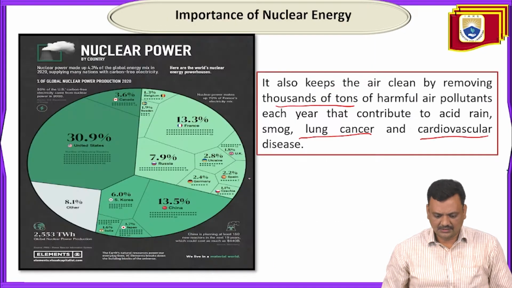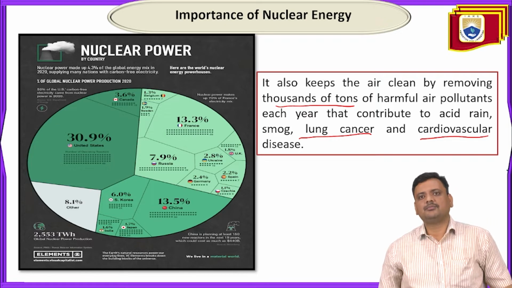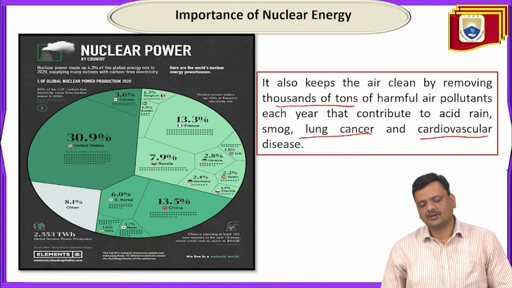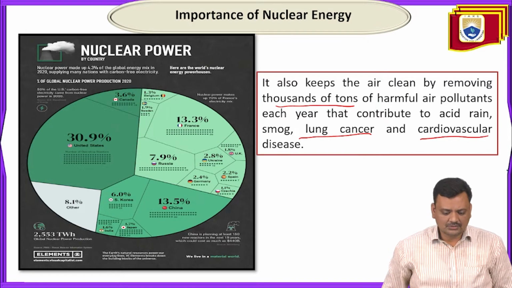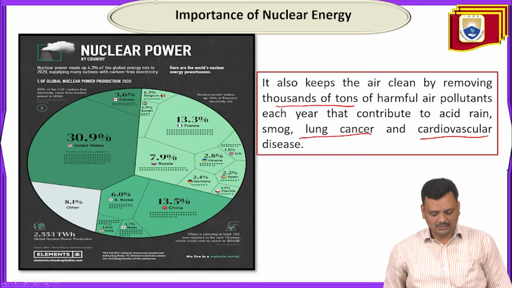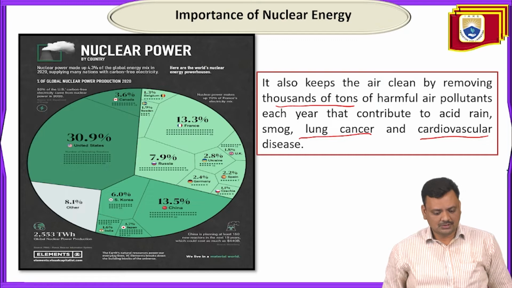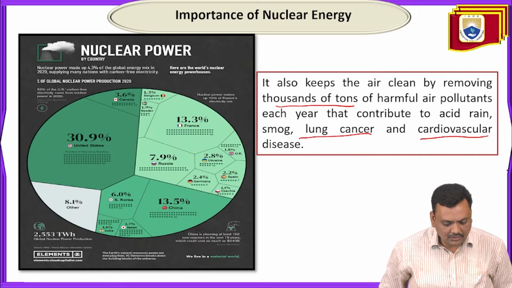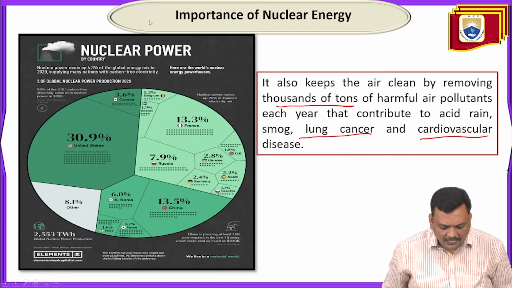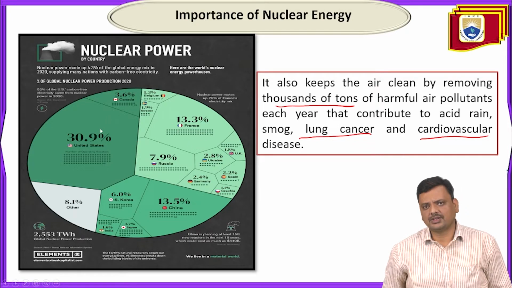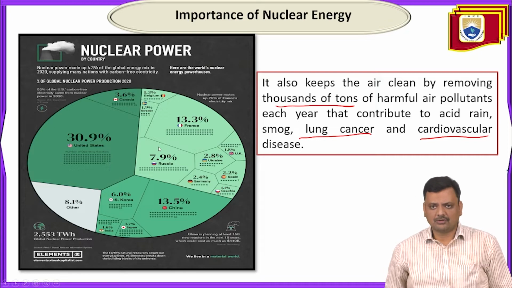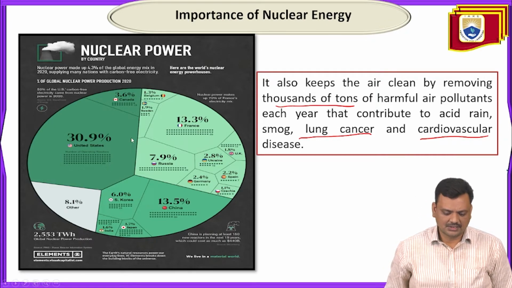We will see here the perspective of the whole world where nuclear power sources are used. The first country that uses the most nuclear power energy is the United States. Then Russia, France, Ukraine; all the developed countries, as you can see in this chart, are using nuclear power resources for generation of electricity.